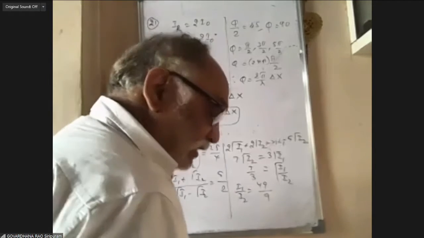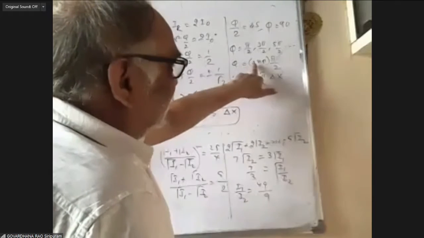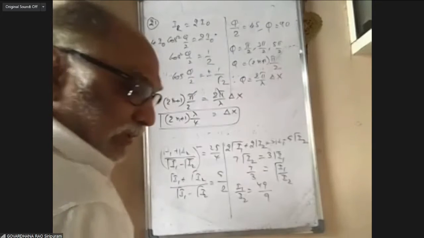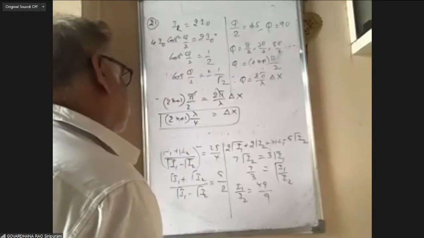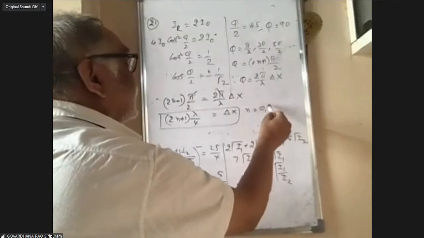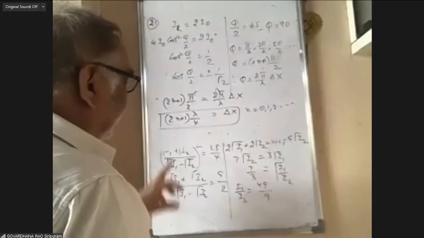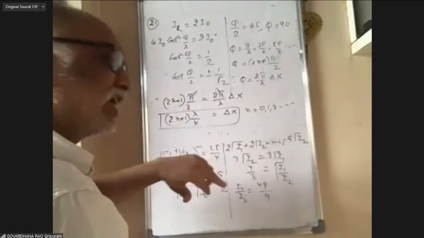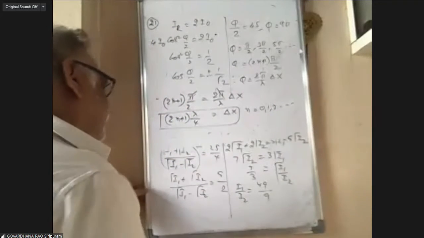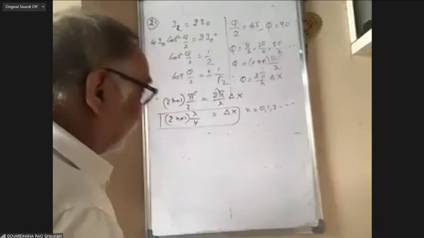If I put n equals 0 in 2n minus 1, you get minus 1, that is minus pi by 2. Understood? So n equals 0, 1, 2, 3 and so on. If you use 2n minus 1, that is also correct, but you have to use n equal to 1, 2, 3, 4. You cannot use 0. But that is also right. It depends upon the n value.